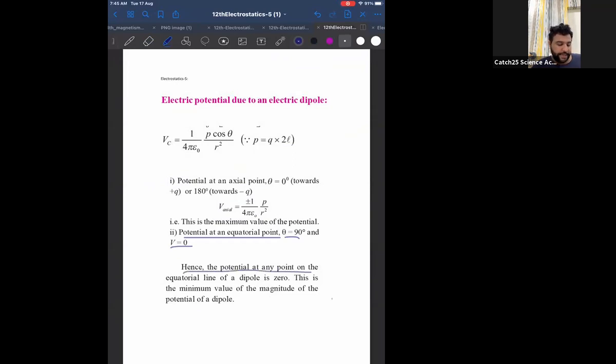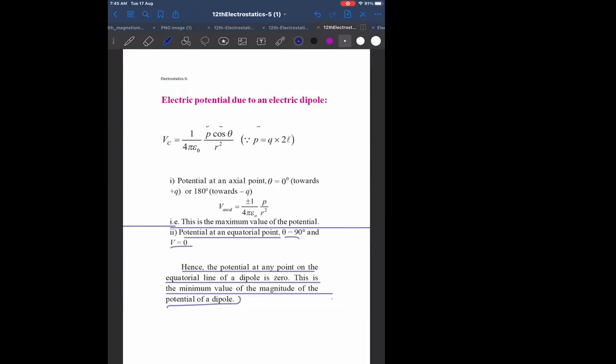Hence, the potential at any point on the equatorial line of a dipole is 0. And this is the minimum value of the magnitude of potential of dipole. This is my second case. Potential at the equatorial point, as I have written, V equal to 0.